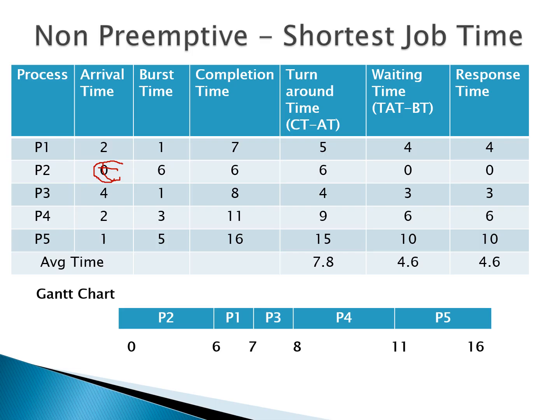So it's 4, 0, 3, 6, 10, and the average we have got is 4.6. So this is what is meant by shortest job first.